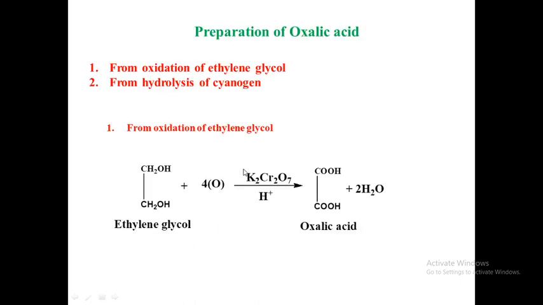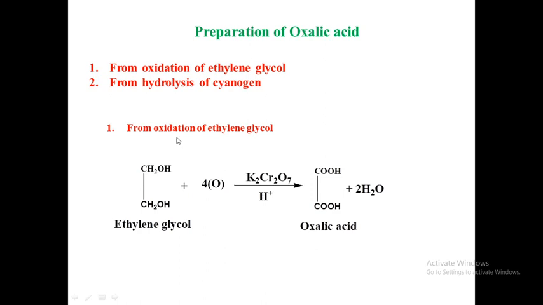There are two methods for the preparation of oxalic acid. Number one is from oxidation of ethylene glycol, and another one is from hydrolysis of cyanogen. Dear students, first we see how to prepare oxalic acid from the oxidation of ethylene glycol.